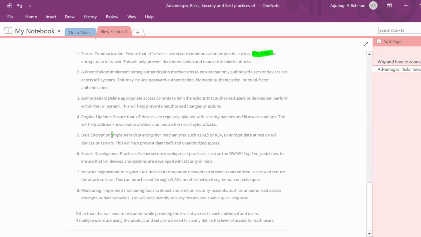Implement data encryption mechanisms such as AES or RSA. Again, in future, we will see how we can achieve this. They encrypt data at rest on IoT devices or servers. This will help prevent data theft and unauthorized access.